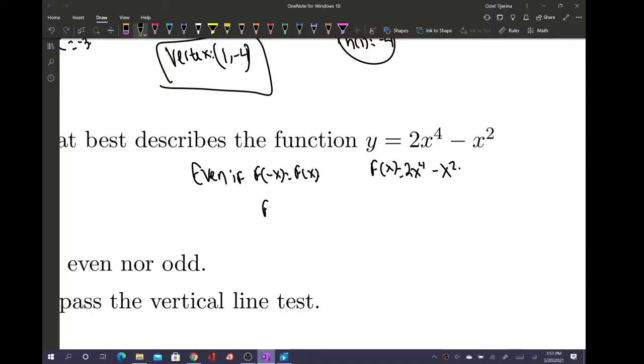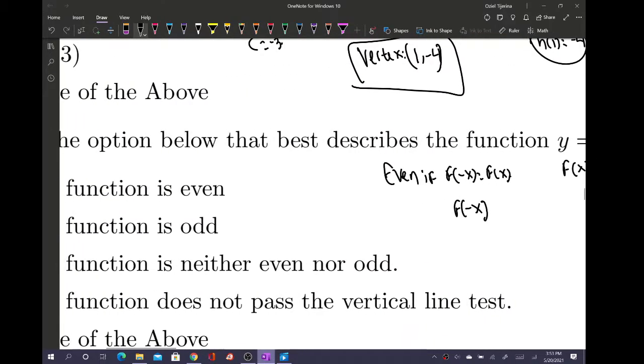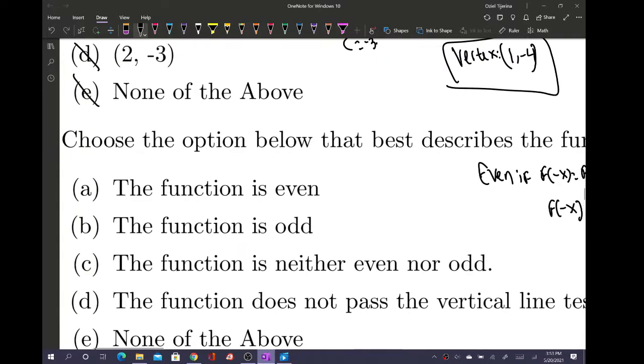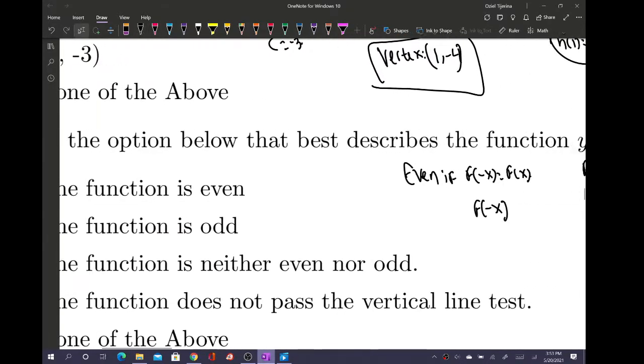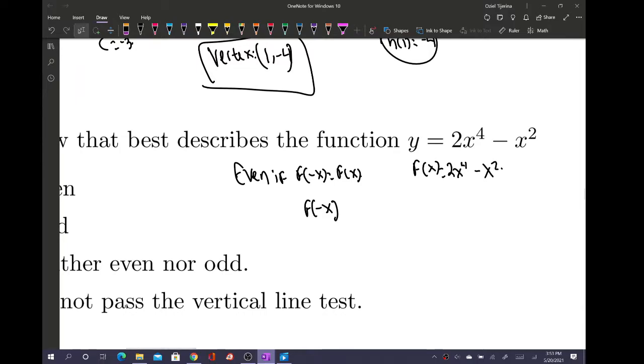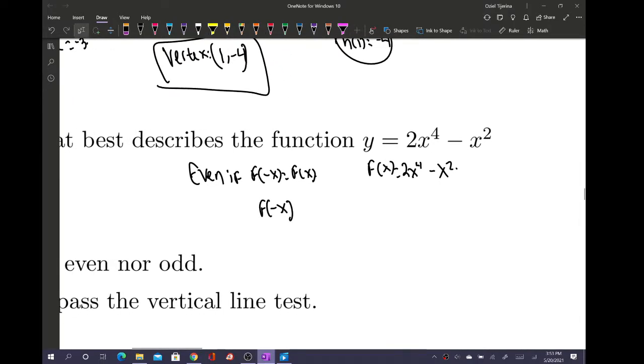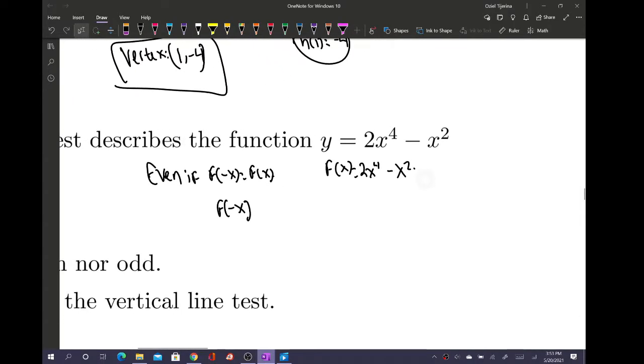Now we want to do f of -x and see if that equals f of x. So f of -x would be 2 times -x raised to the 4th power minus -x raised to the 2nd power.